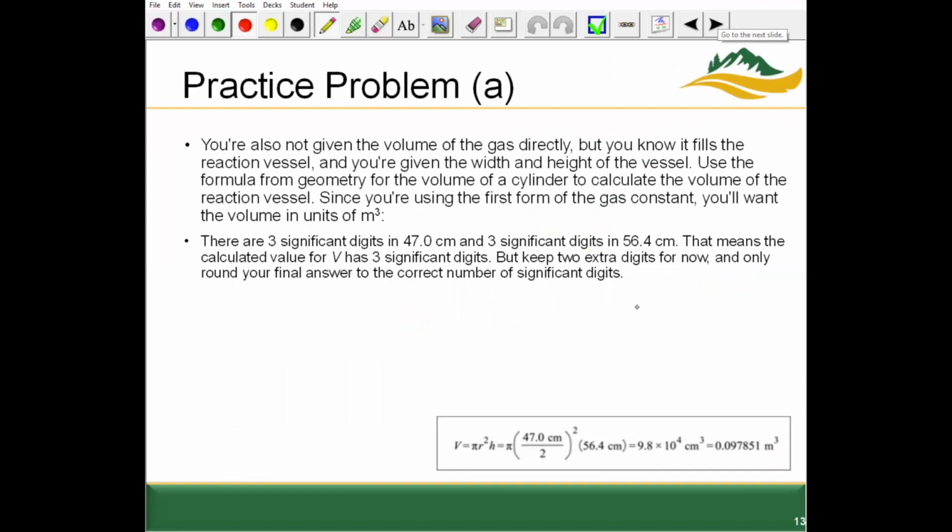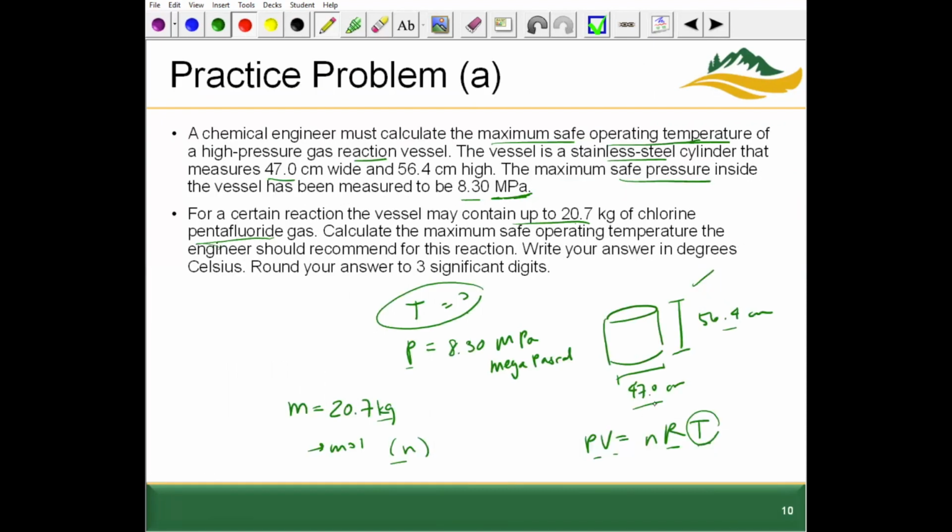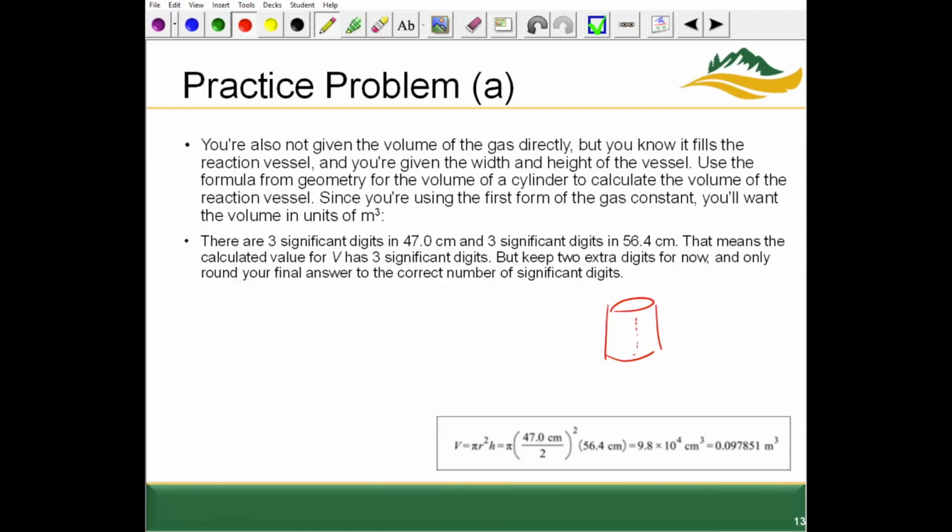Next, we can take that information about the cylinder we were given and get a volume term. So 47.0 centimeters in width, 56.4 centimeters in height. For the volume of a cylinder, it's pi r squared times the height. So the radius is not 47.0 centimeters, but 47.0 centimeters divided by 2, right? This is the distance of our diameter.